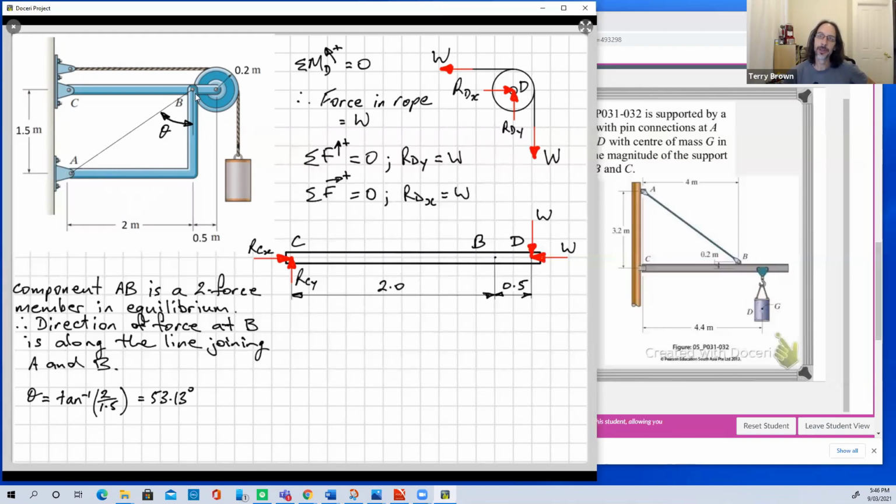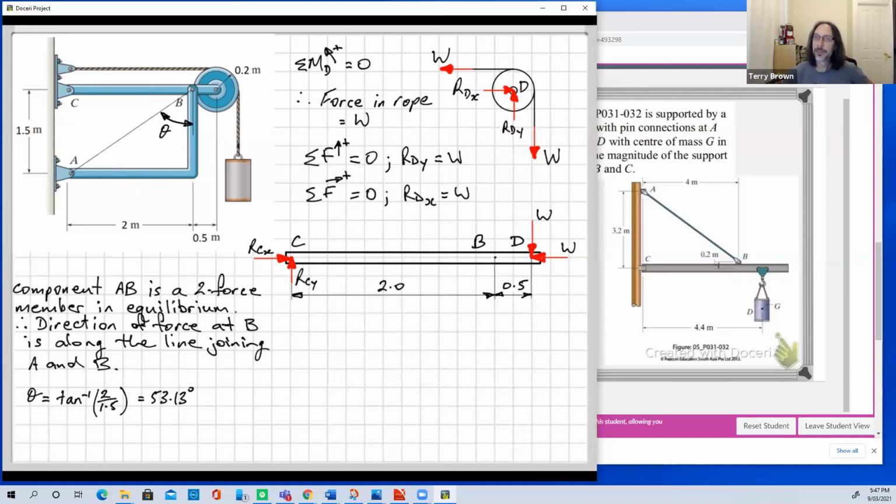This side is 1.5, but times 2 that's 3, and this side is 2 times 2, which is 4. So therefore the length of this side will be 2.5. Yeah, so the 3, 4, 5 triangle. But if you don't recognise that, that's fine. You can just do it using the trigonometry.